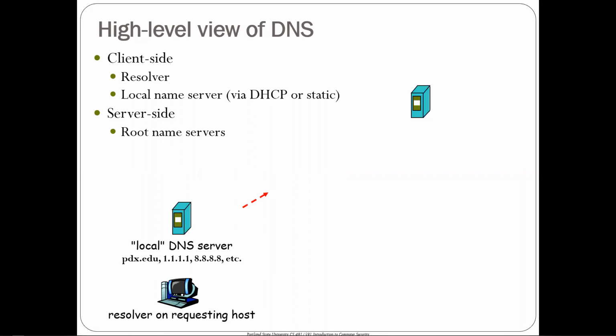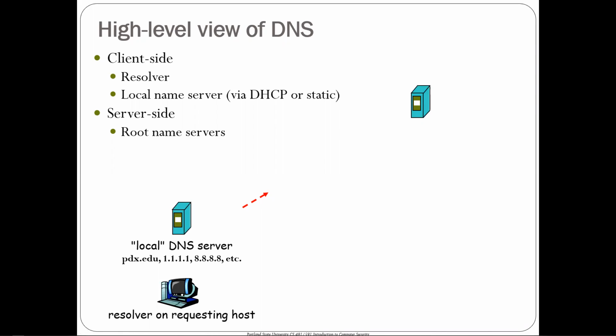Okay, on the server side, there is this collection of root name servers. This is the top of the hierarchy. And if a local DNS server gets a query which it cannot answer, like say it doesn't have anything cached from prior lookups, then it will by default forward the query that you send it to the root server, or one of the 13 root servers on the internet.